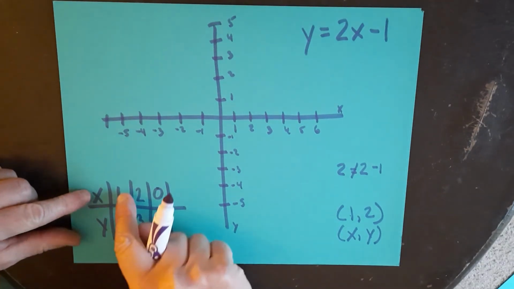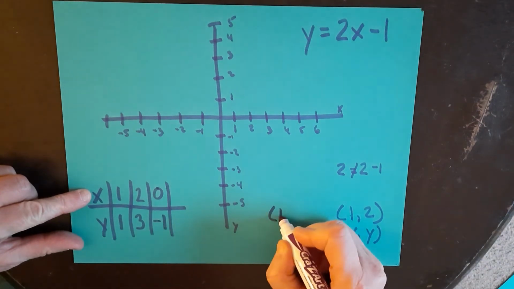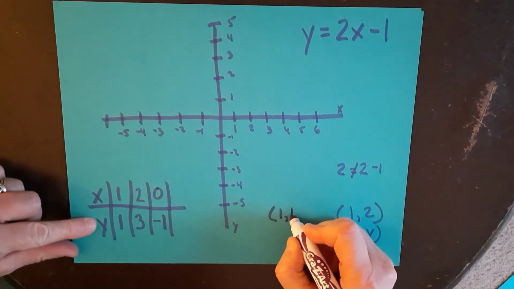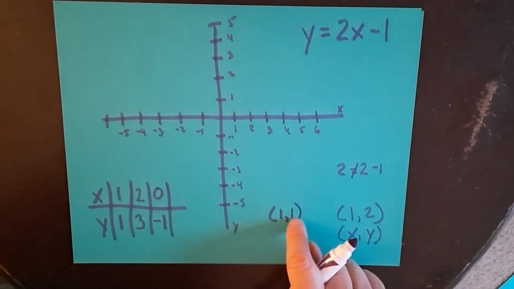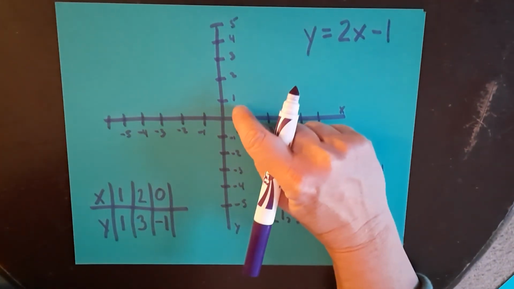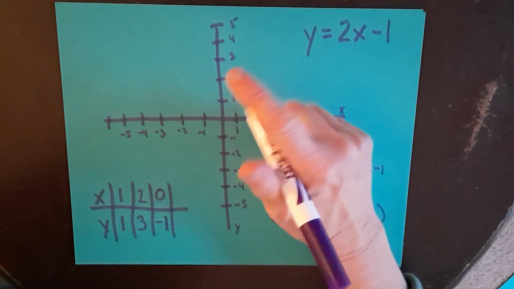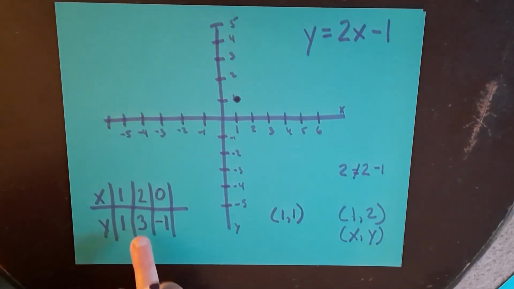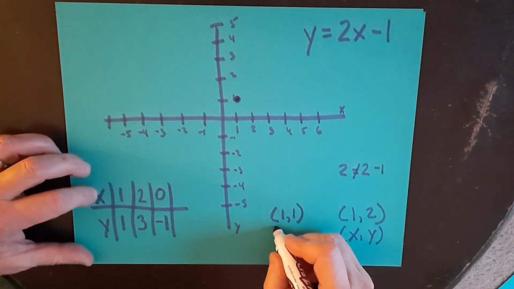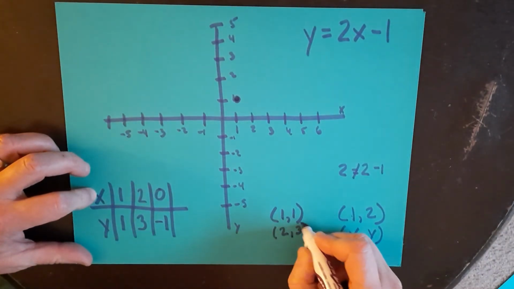So this first one, the x is 1 and the y is 1. So we need to find on our graph, where is the point 1, 1? So we do 1 here for x and 1 here for y. We see where they meet, and that point would be right here. Now we're going to graph this point. This point has 2 for x and 3 for y.